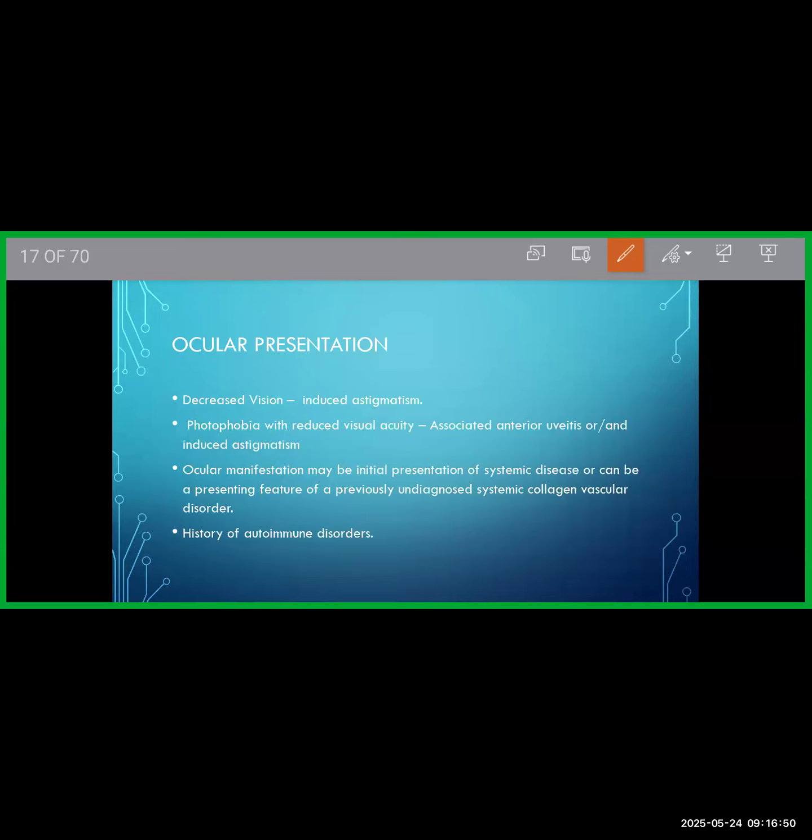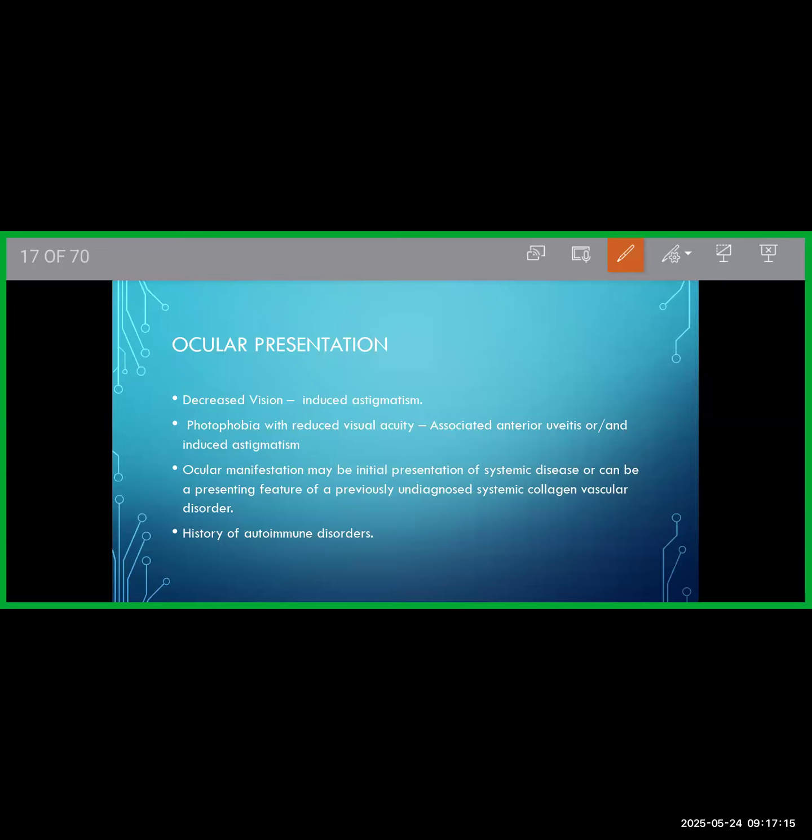Now, patients may also present with decreased vision because of the induced astigmatism from the peripheral corneal ulceration. Patients may also present with photophobia. Just as I said earlier, ocular manifestation may be the initial presentation of the aforementioned systemic diseases.